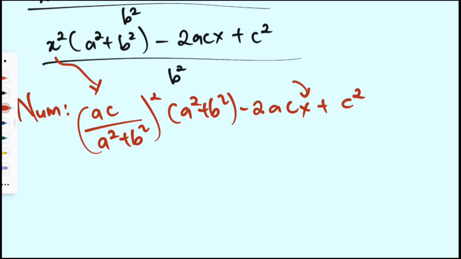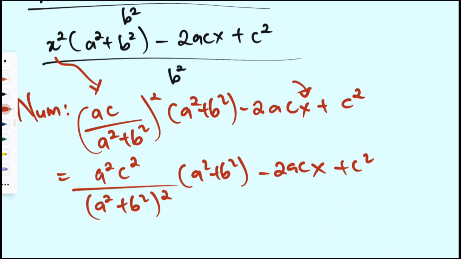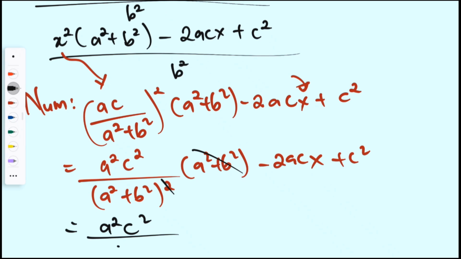I'm going to substitute this x a bit later due to constraint of space. This would be a squared c squared over (a squared plus b squared) all squared, times a squared plus b squared, plus c squared. And then one of these cancels out, thank goodness, to give us a squared c squared over a squared plus b squared.